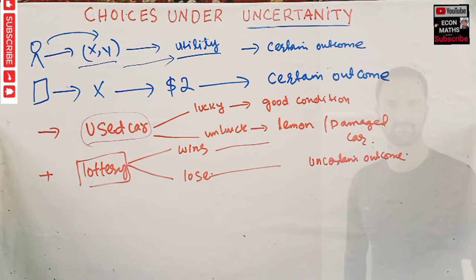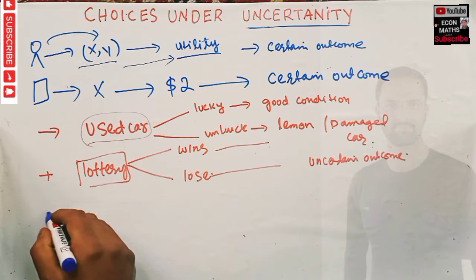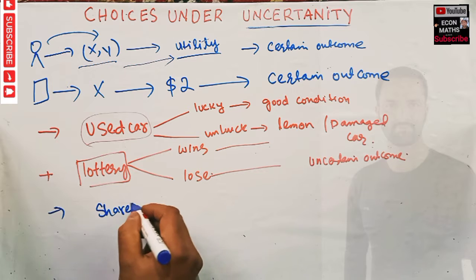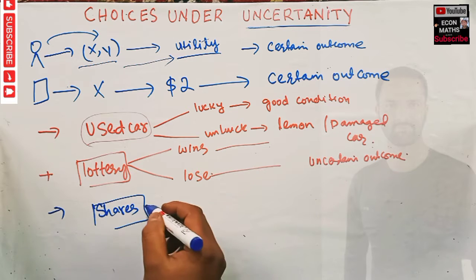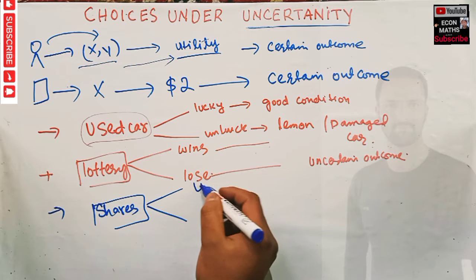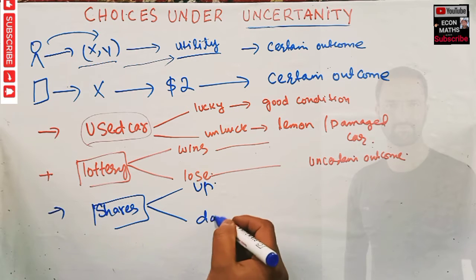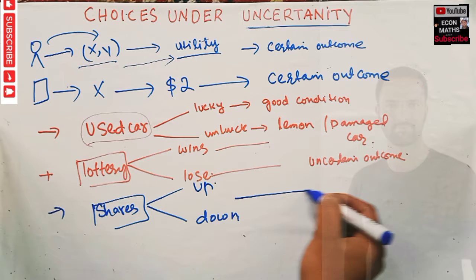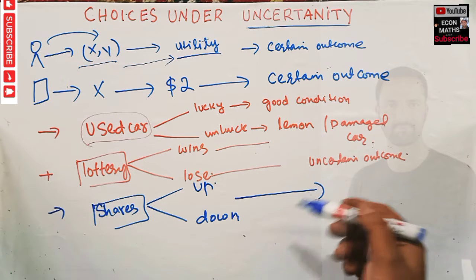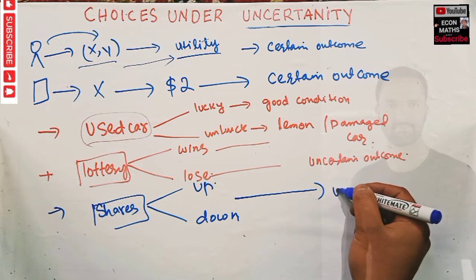Let's give another example. Let us say we have a consumer buying shares of any firm, and in this case the value of the share can go up or down. In these three examples the consumer is making choices under uncertainty.